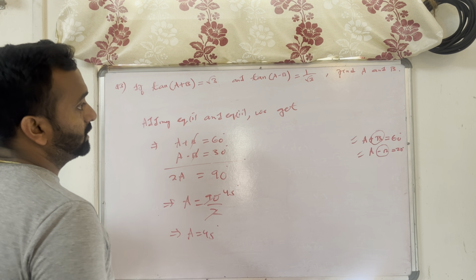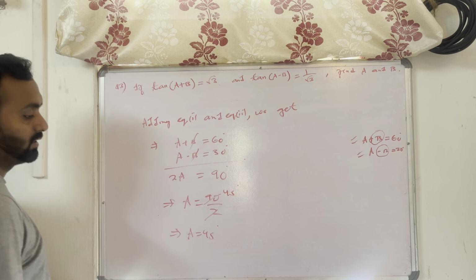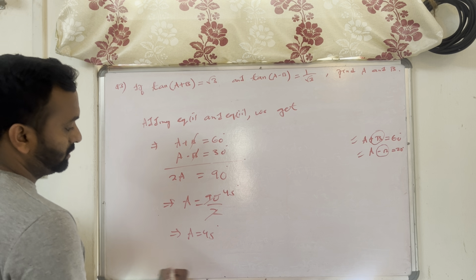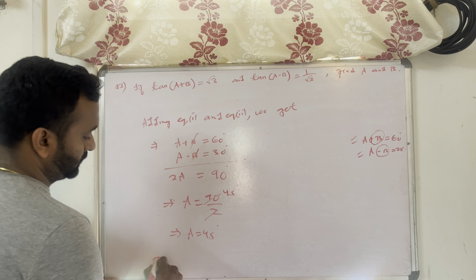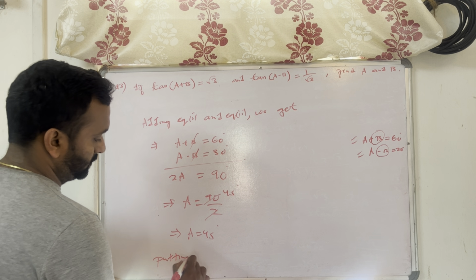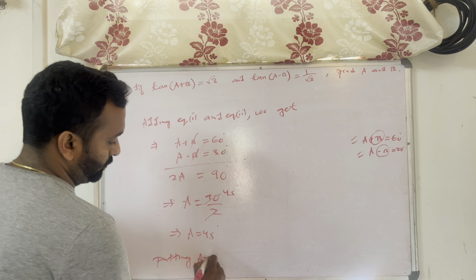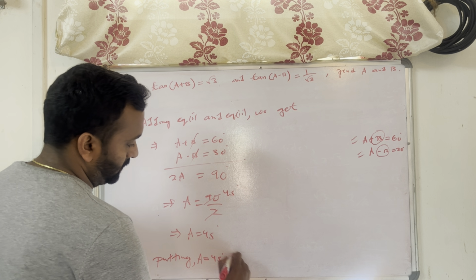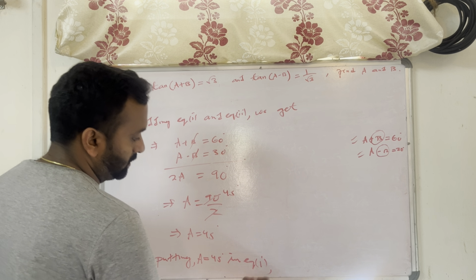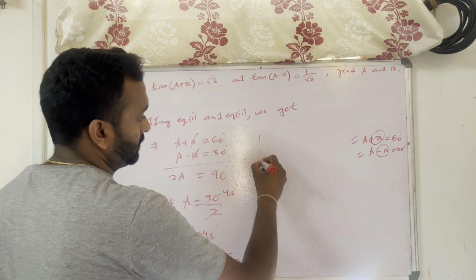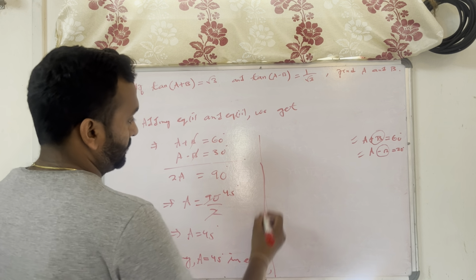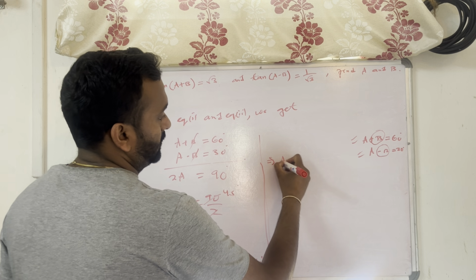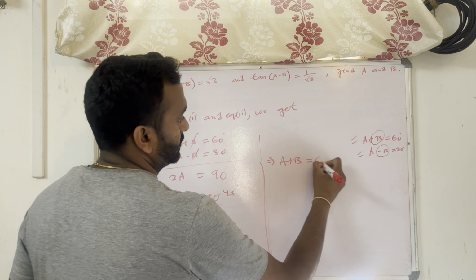Now it's very easy to get the value of b. Simply put this in either of the equations. So I will put the value of a in equation 1. So putting a equal to 45 degree in equation 1. I don't have space here, so I will solve it here. Equation 1 was a plus b as 60 degree.